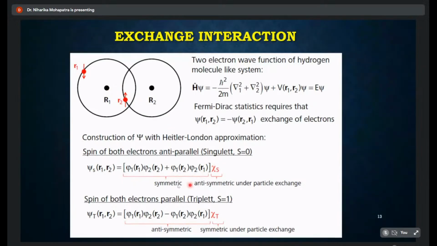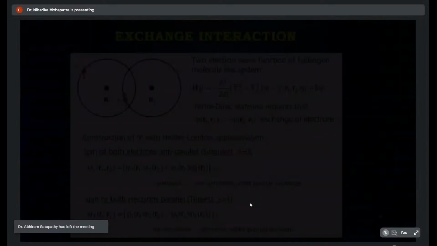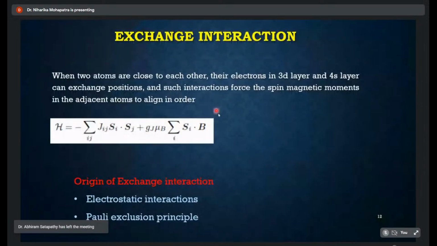Ultimately you will find that this represents the symmetric term and antisymmetric term. Accordingly you will see that the origin of this particular interaction is electrostatic interaction and not magnetic.